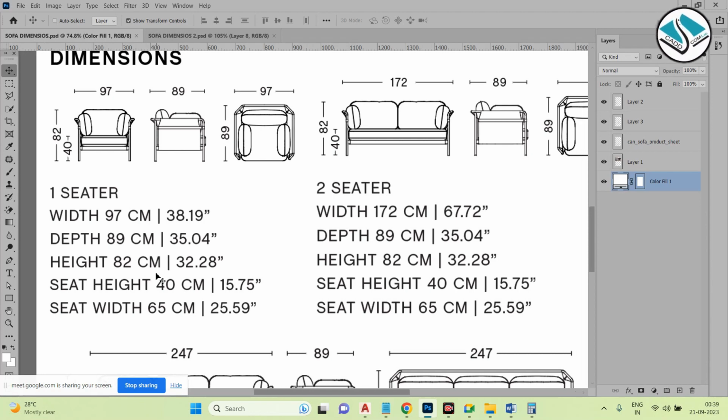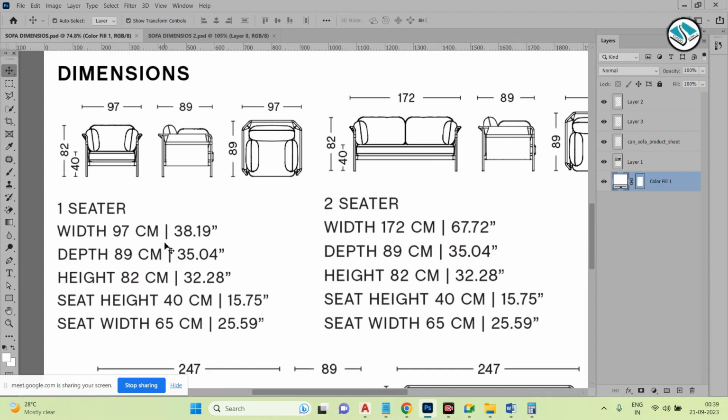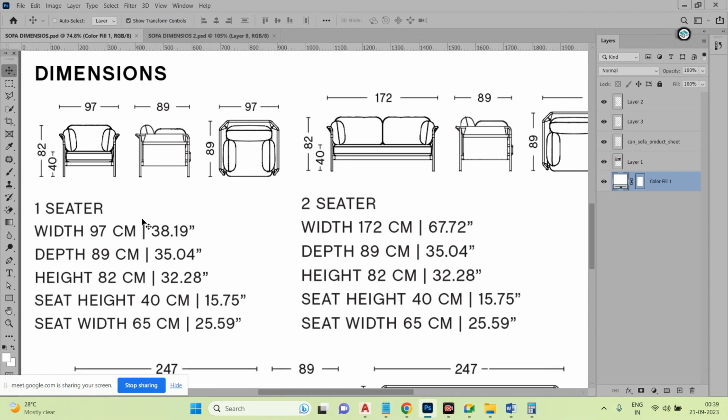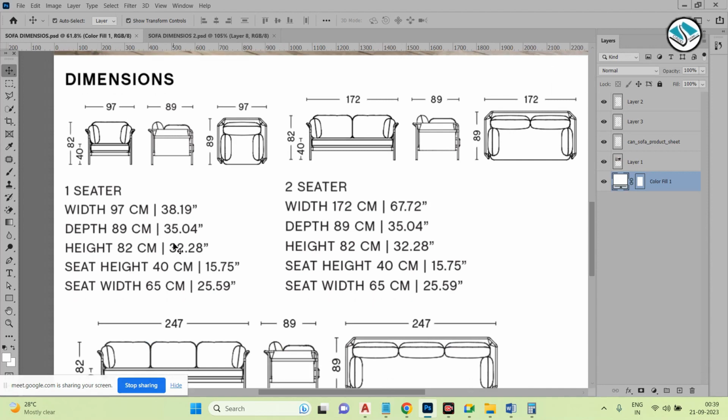Most of them keep the standard at 85. Height 85. That also is 89. So they are keeping 90 or 85.